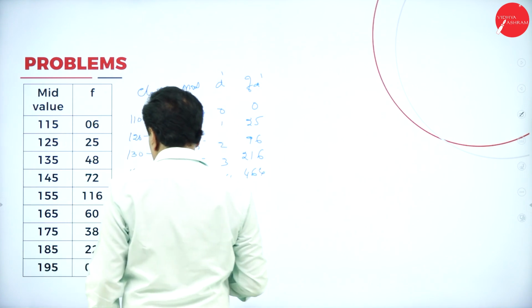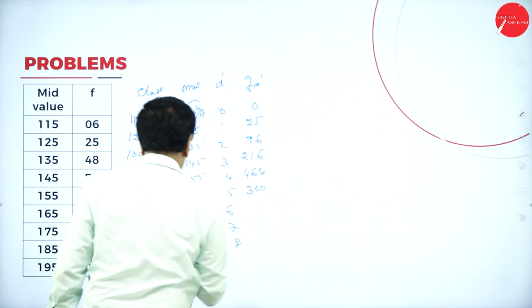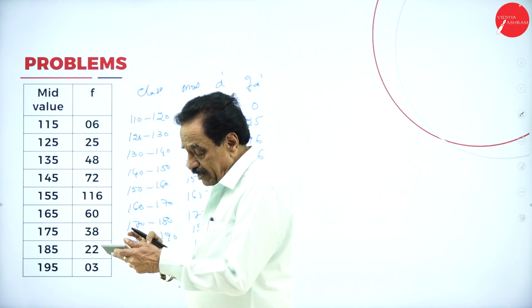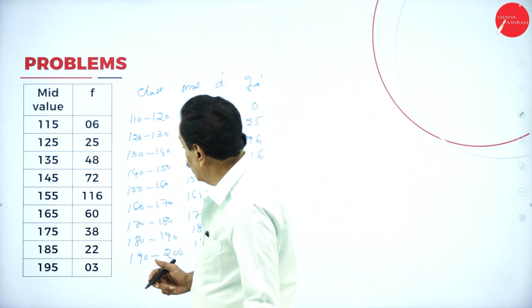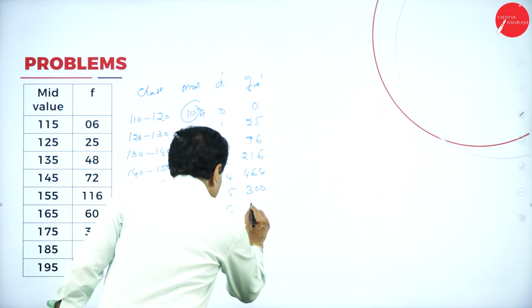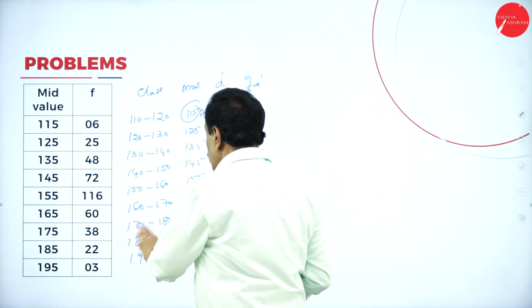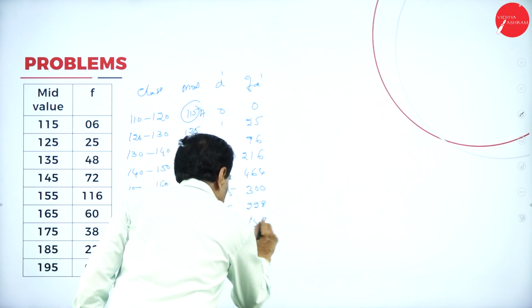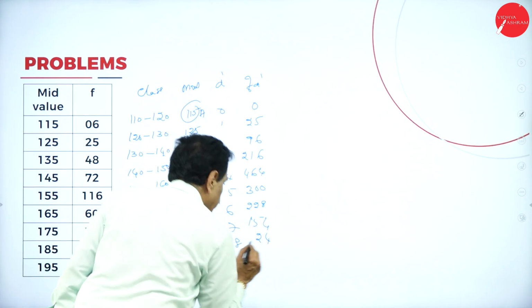What is the next one? 60 into 5 is 300. 38 into 6 is 228. 22 into 7, 7 twos are 14, so 154. 3 eights are 24.